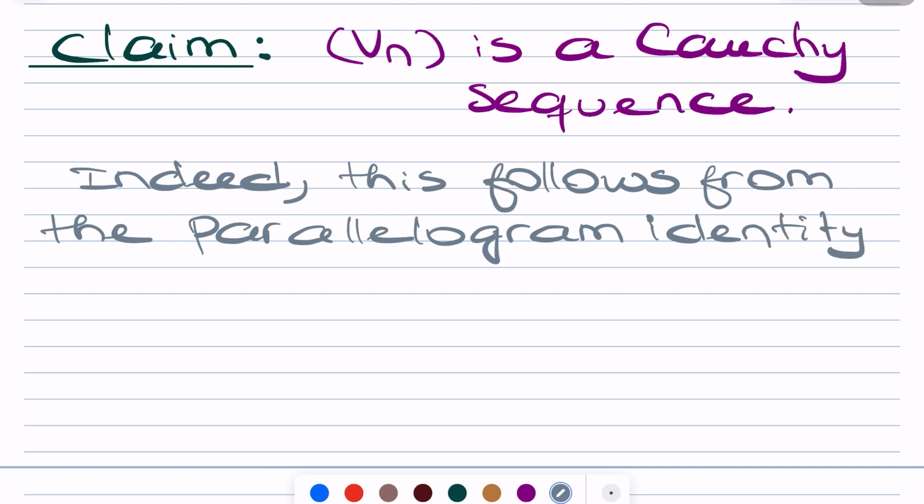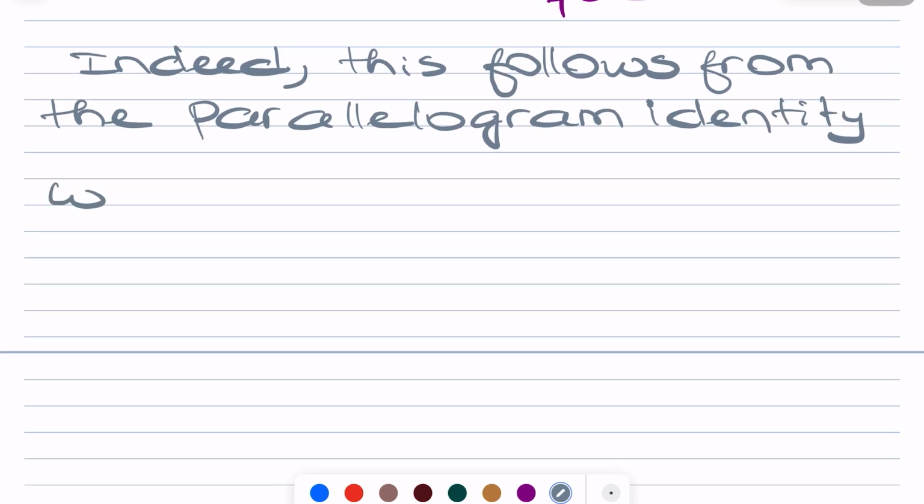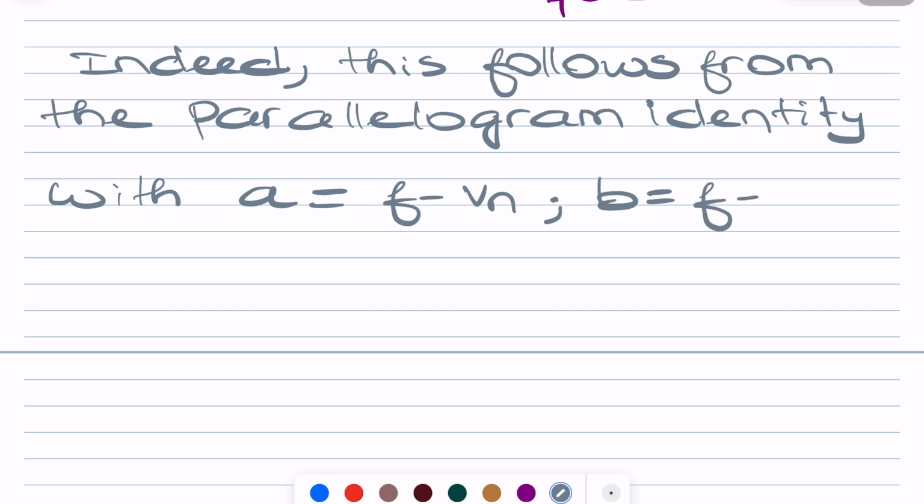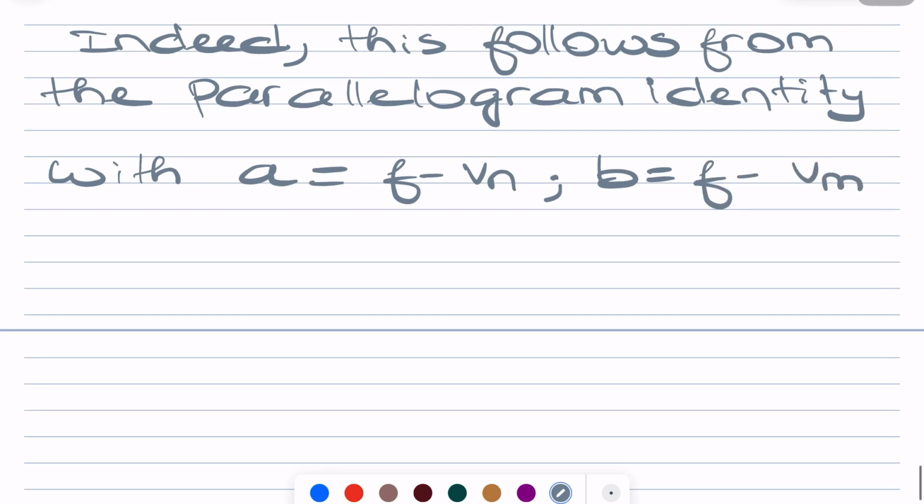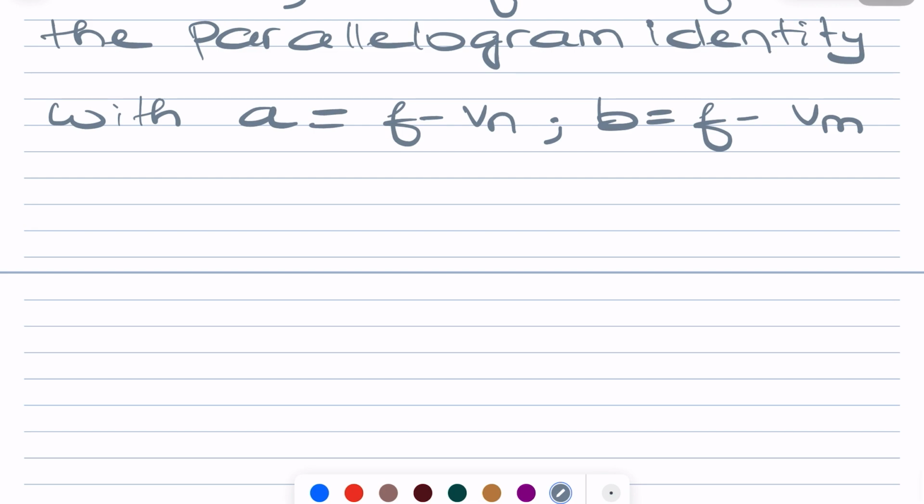Apply it with a equals f minus v_n and b equals f minus v_m.